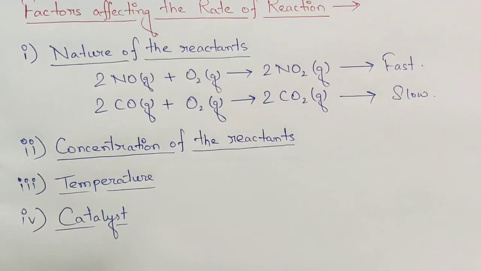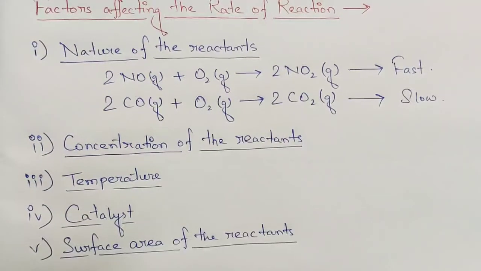The next factor is the surface area of the reactants. Generally for reactions that involve solid reactants or catalysts, when the particle size is small, the surface area will increase. Smaller the particle size, greater will be the surface area, and hence the reaction rate will be faster. So surface area of the reactants also helps to control or enhance the rate of reaction.